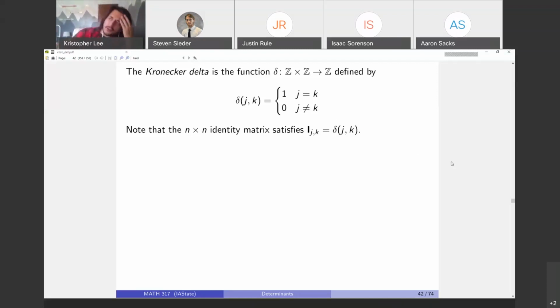But why do I want to include this? Well, I want to include this because, as we noted, the recursive formula for the determinant requires us to take a row and a column and delete them from the matrix. So we want to be able to describe doing that using some sort of method.